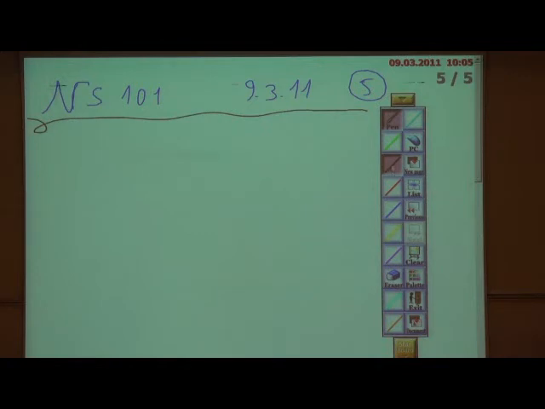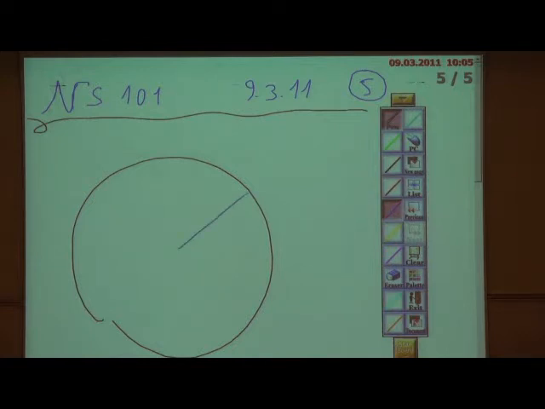Now let me draw this circle again here. Here is position r, let's say velocity v, and acceleration.